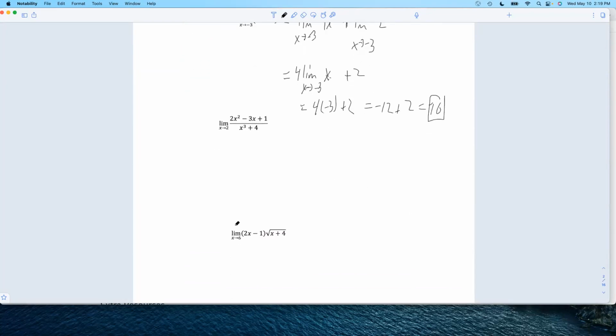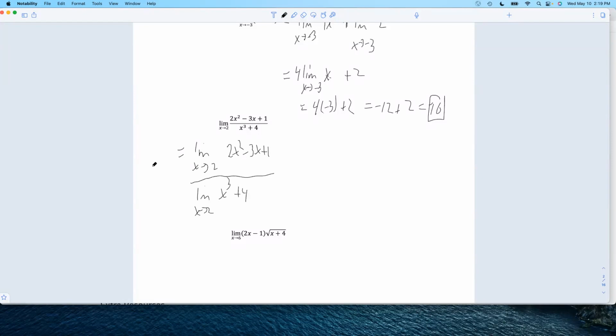Okay, again, let's do this one. Going through all the steps, this will equal the limit as x approaches 2 of 2x squared minus 3x plus 1 over the limit as x approaches 2 of x cubed plus 4.